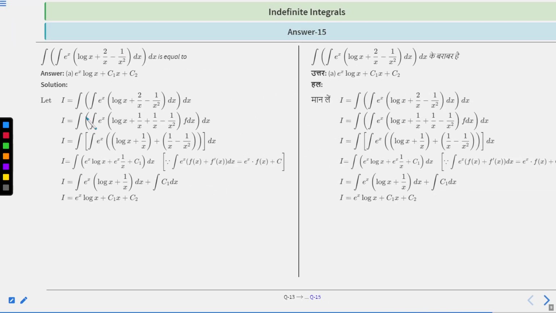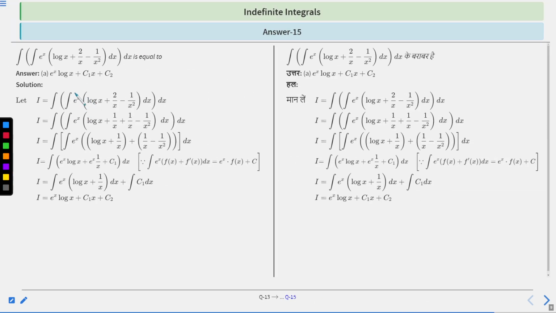Okay, let's move to the solution part. I is basically the integration of e to the power x times (log x plus 2 by x minus 1 by x squared) dx. Now it is equal to the integration of e to the power x times (log x plus 1 by x plus 1 by x minus 1 by x square) dx.